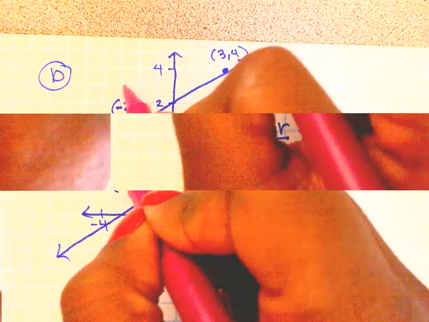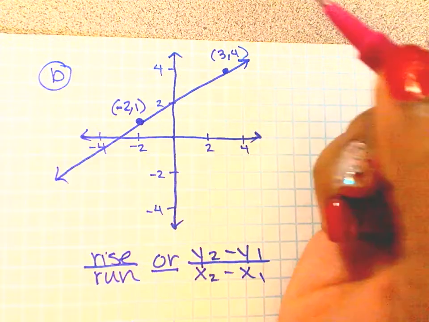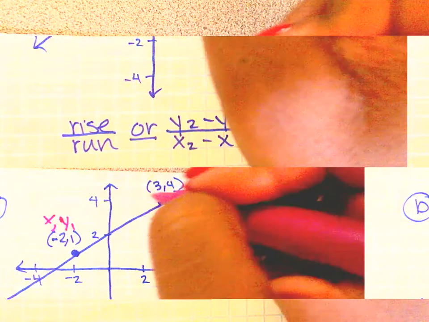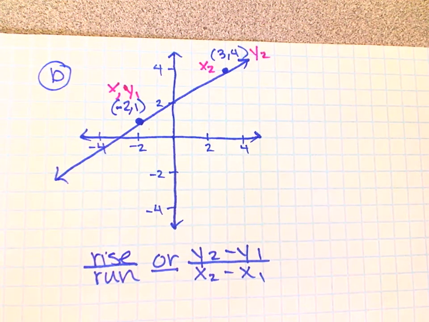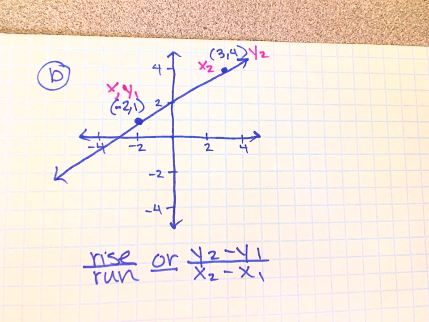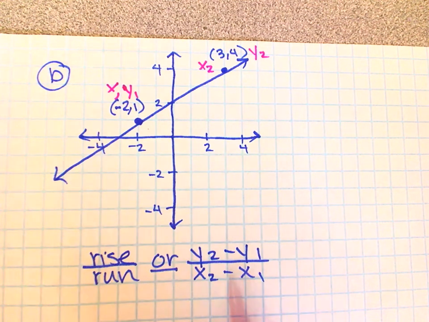So this is my x1 and my y1, and this is my x2 and my y2. So I went back and labeled those numbers. Doesn't matter which order, you'll get the same answer. So now I'm going to plug it in.